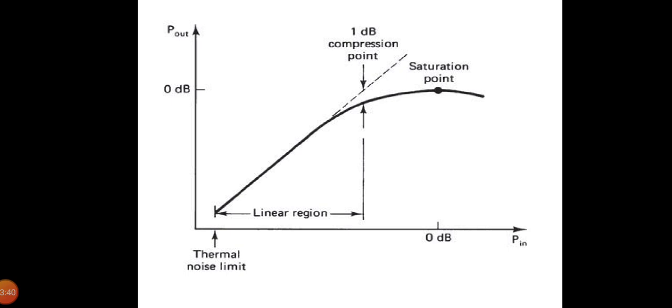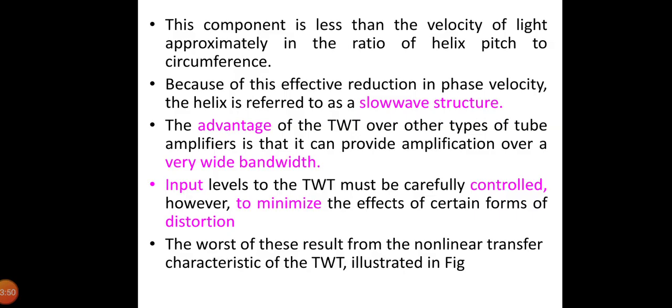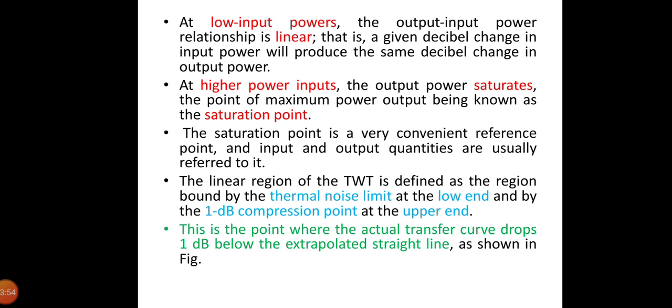So this is the power transfer characteristic of a traveling wave tube. The saturation point is used as a 0 dB reference for both input and output. So at low input power, the output-input power relationship is linear, as we see in the graph.